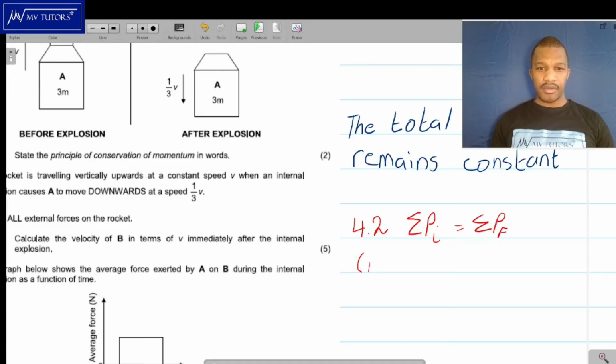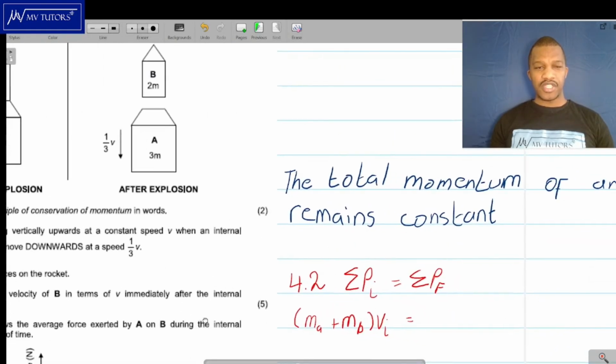I'm going to call it mass A plus mass B, and they are sharing a velocity. Remember, momentum is equal to mass times velocity, so they are sharing an initial velocity. Let's call it vi.